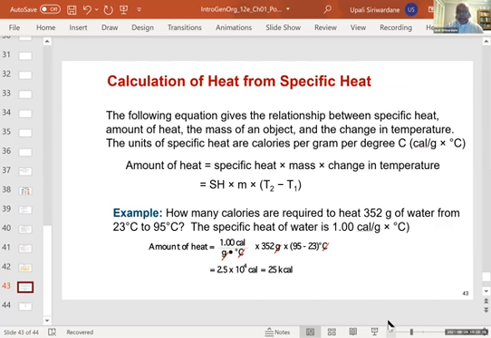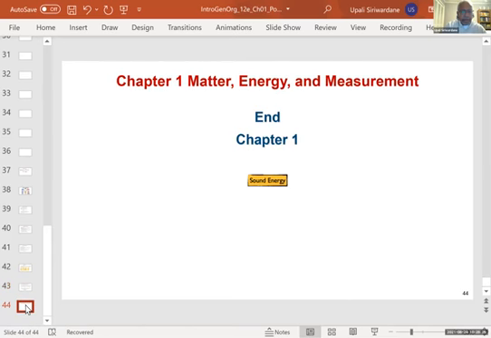So that negative sign takes care of heat absorbed or heat released. Heat release has negative calories, indicating the release of heat. So this equation can be used in calculations.